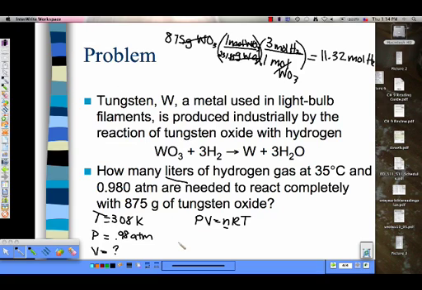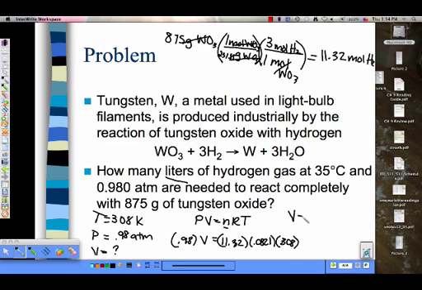So we know P is 0.98. We don't know V, that's what we're looking for. n is 11.32. R is always 0.0821. And temperature was 308.